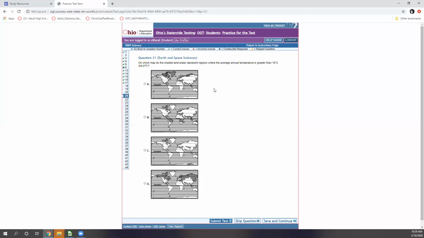This question is a good example of questions eliminating each other. Okay, on which map do the shaded land areas represent regions where the average annual temperature is greater than 18 degrees Celsius, or 64 degrees Fahrenheit? Now, if your average annual temperature is 64 degrees, that's pretty warm. So you know that this is not going to be the coldest regions in the world, which is right up here.